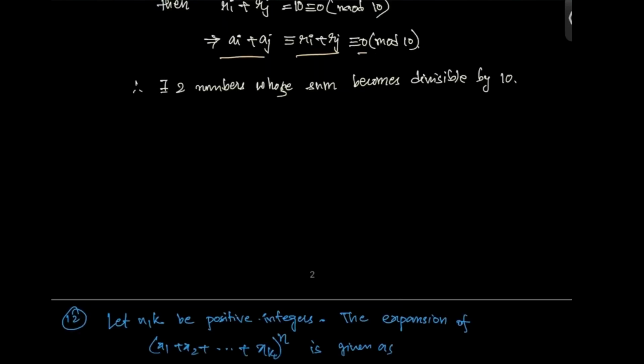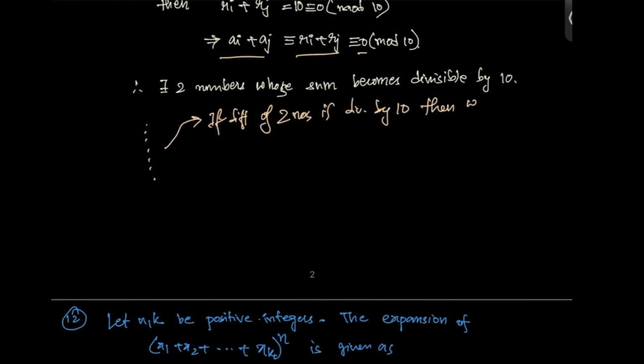So what we did was that we considered two branches. Given these 7 numbers, the first branch was if the difference of two numbers is divisible by 10, then we're done. And then we consider the alternative case.